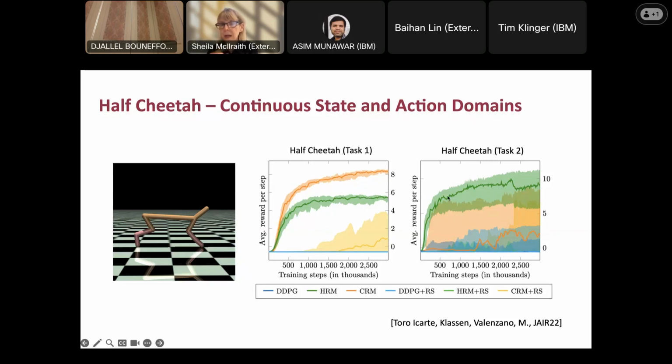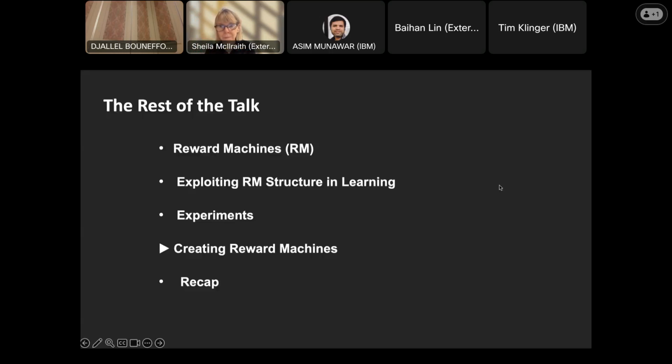But again, where optimality doesn't matter, or where being myopic, as hierarchical reinforcement learning is, doesn't affect the particular task, where you're just going 1, 2, 3, 4, 5 to one state and the other, which is what we did with this cheetah task on the right, hierarchical reinforcement learning actually does a little bit better.